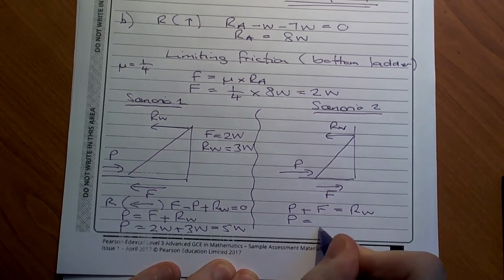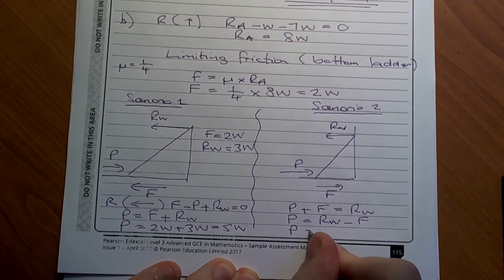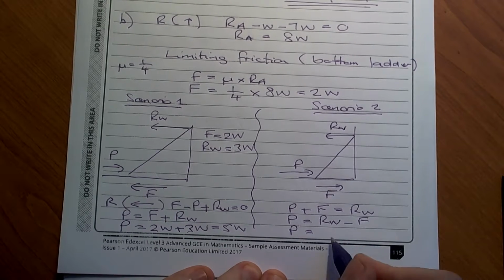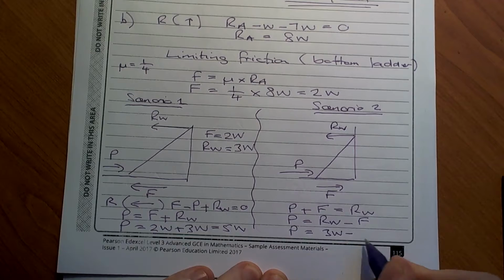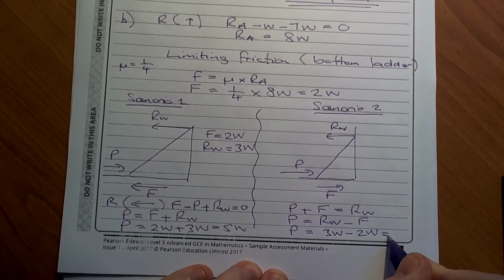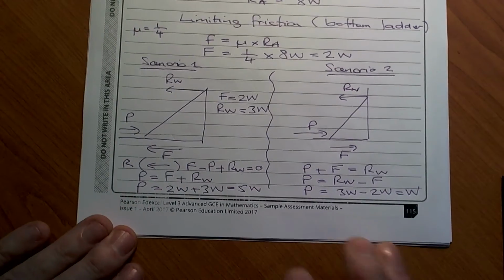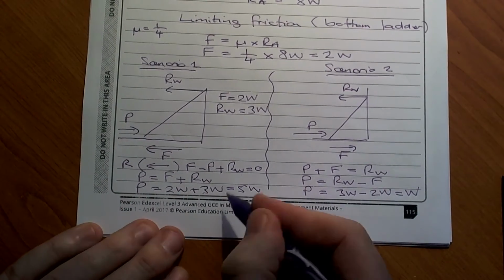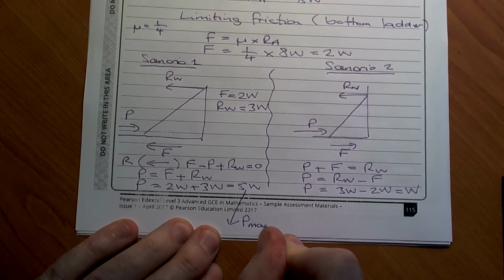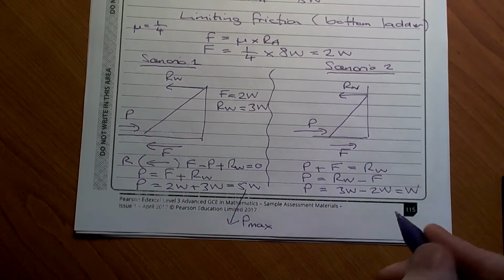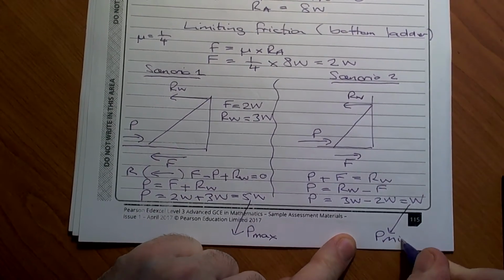So P in this case is going to equal RW minus F. P is going to be RW, which is 3W minus F, which is 2W, which is W. So to answer the question, the biggest value, this is our P max, which is 5W, and W is our P min.